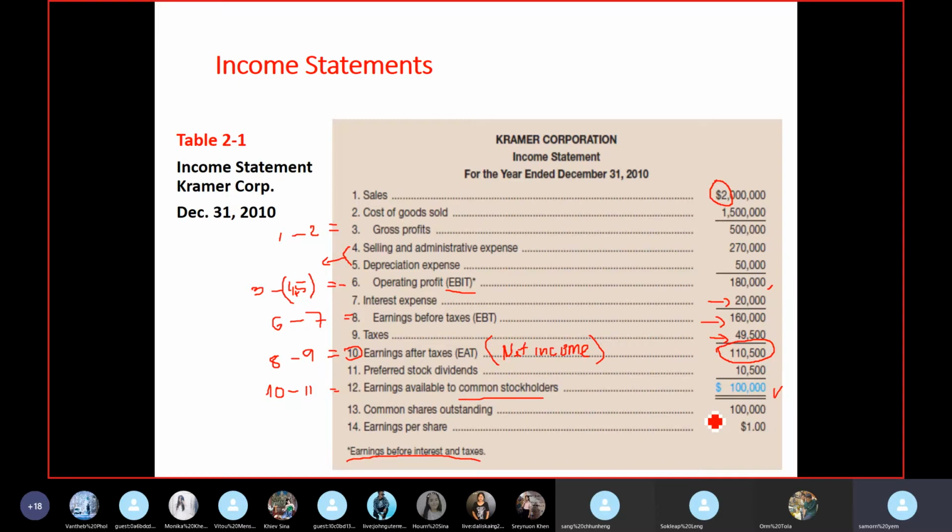This is the income statement of Krama Corporation.